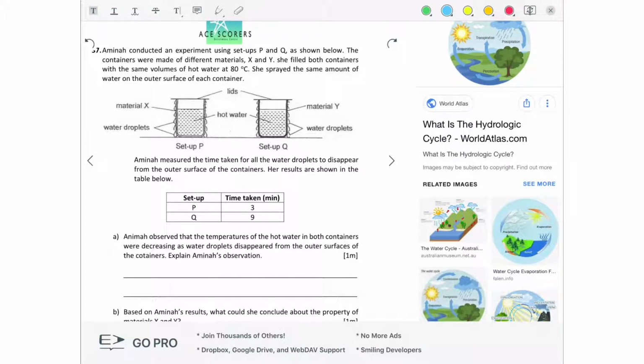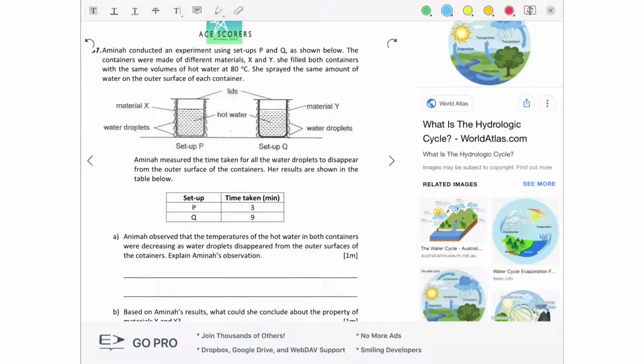Alright, so let's take a look. So, Amina. Wrong, it's Amina. So here type Amina. She observed that the temperatures of the hot water in both containers were decreasing as water droplets disappeared from the outer surface of the containers. Explain Amina's observation.